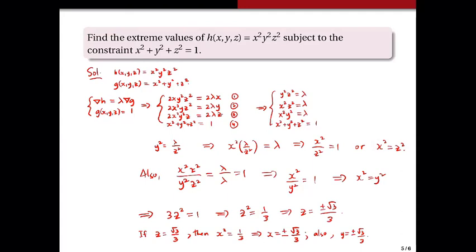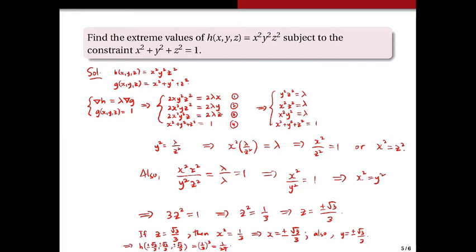All of them will just have 1/3, so h at plus or minus square root of 3 over 3, plus or minus square root of 3 over 3, again plus or minus square root of 3 over 3, whatever the case, we will just have 1/3 to the power 3. This is 1 over 27.